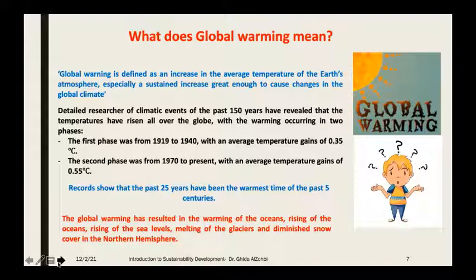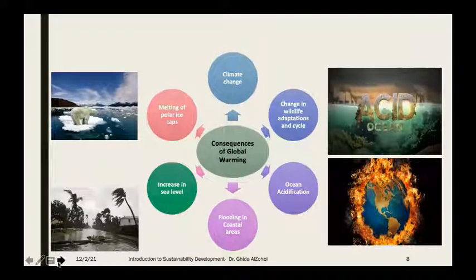The first phase was from 1919 to 1940, with an average temperature gain of 0.35 degrees Celsius. And the second phase was from 1970 to present, with an average temperature gain of 0.55 degrees Celsius. And records show that the past 25 years have been the warmest time of the past 5 centuries.